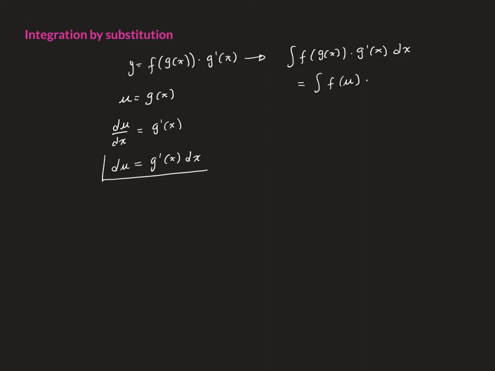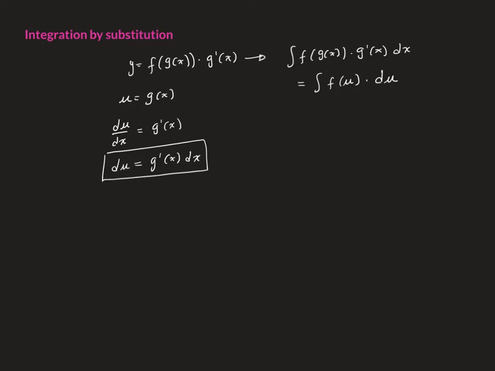And here, by taking the derivative of u, I discovered that g dash of x times dx is going to be du.